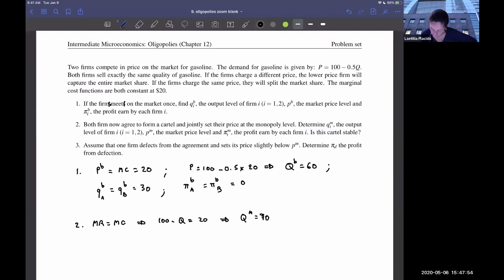70, and the price charged, okay. Okay, I've made a mistake somewhere.